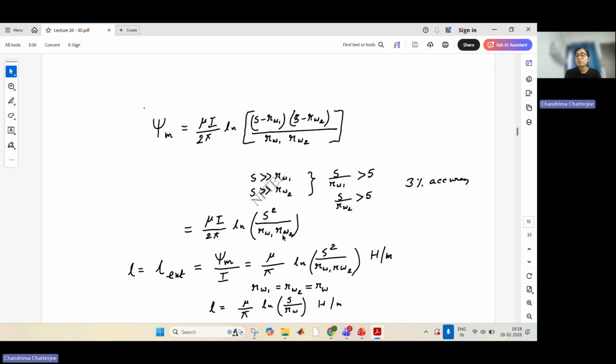S square by Rw1 Rw2. And if the radii are the same, Rw1 equal to Rw2, then you get S square by Rw square. So 2 can come out of this logarithm. This becomes mu I by pi ln S by Rw, Henry per meter.